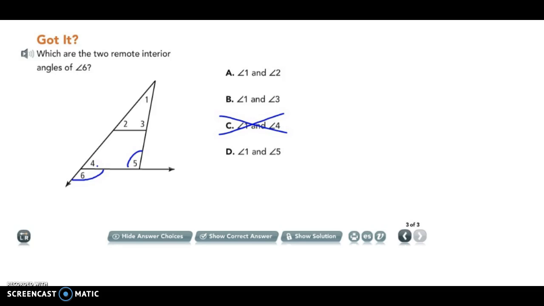So angle 5 is remote to angle 4 or to angle 6, and angle 1, because the triangle that we're looking at is this whole triangle, and it has nothing to do with this little line. This little line in the middle, this 2 and 3, does not change anything for us. So our answer is D.